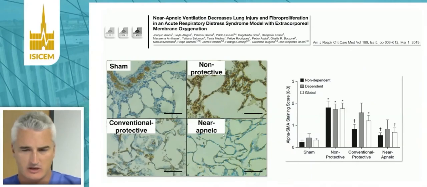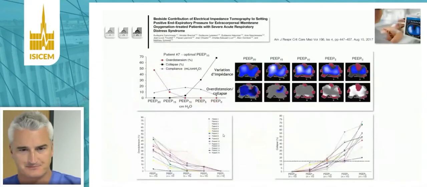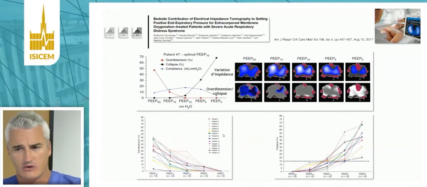Clearly, it's an animal study, so we need a clinical study in humans to support apneic ventilation on ECMO. Another thing is to try to individualize your mechanical ventilation settings on ECMO, and for that, a few studies have tried to investigate the use of tools to set the mechanical ventilation.